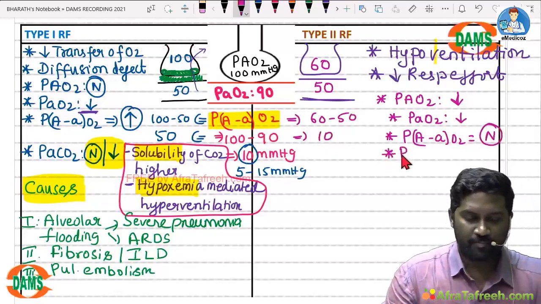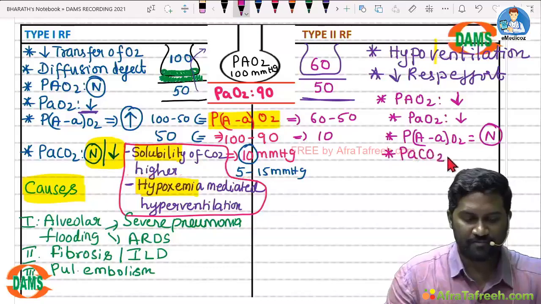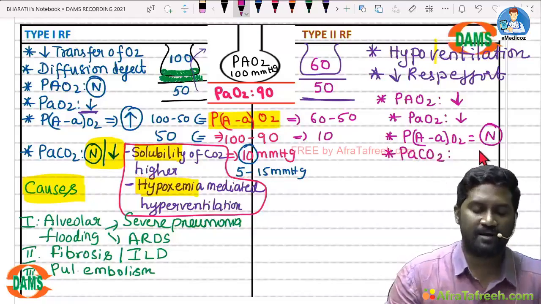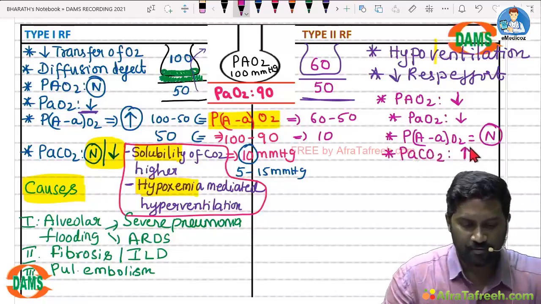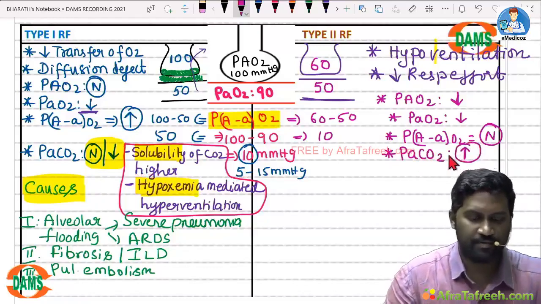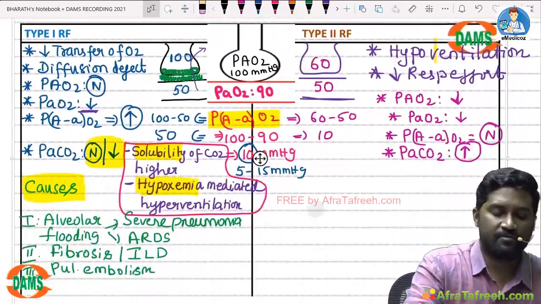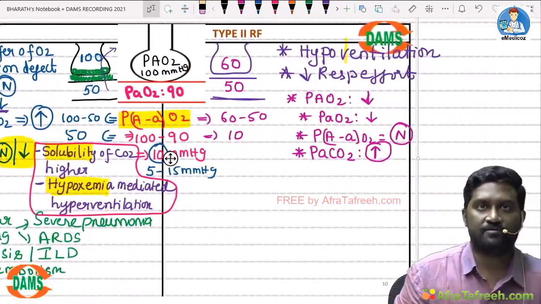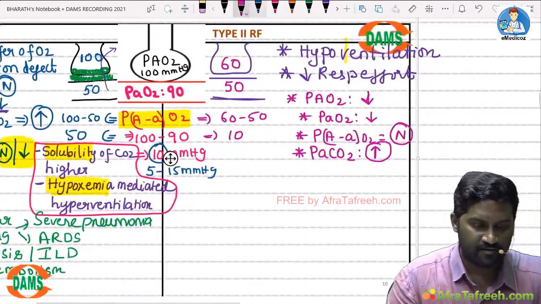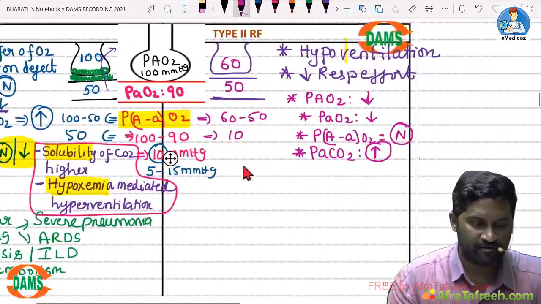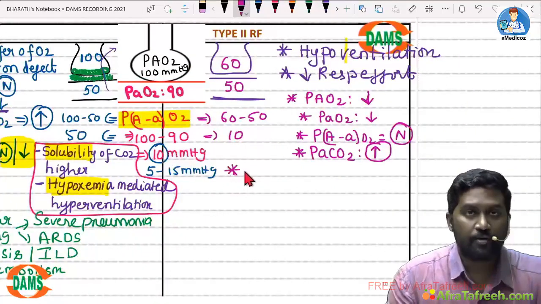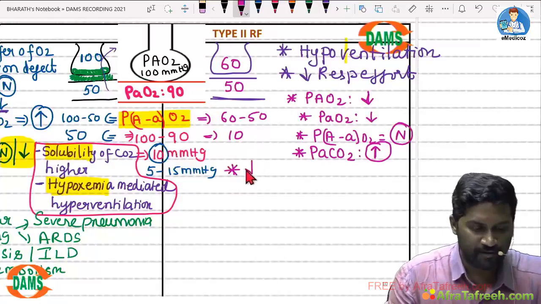Then what happens to PaCO2? Because expiration is not properly happening, PaCO2 will be elevated, students. Now whenever CO2 increases, automatically there will be a decrease in pH.